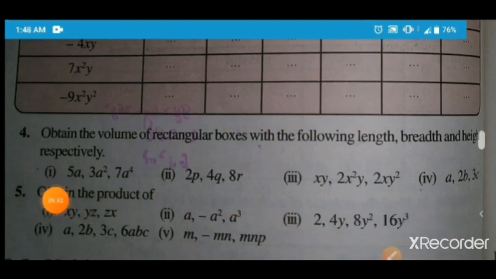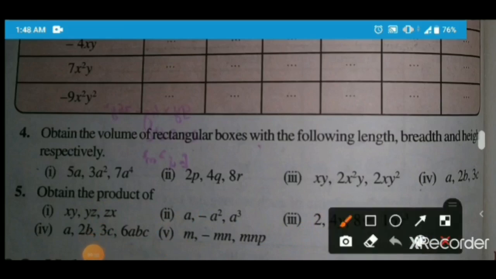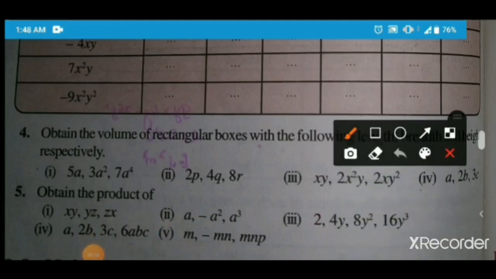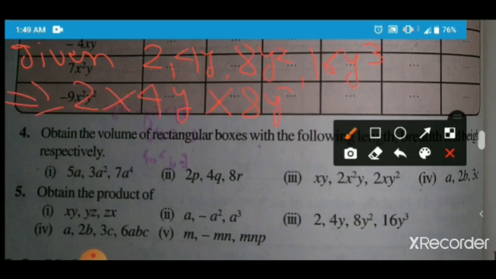Now the third part of question number 5, 2, 4y, 8y square, 16y cube, and we are going to calculate the product of 2, 4y, 8y square and 16y cube. For the solution of this particular part, first we write given 2, 4y, 8y square multiplied by 16y cube.